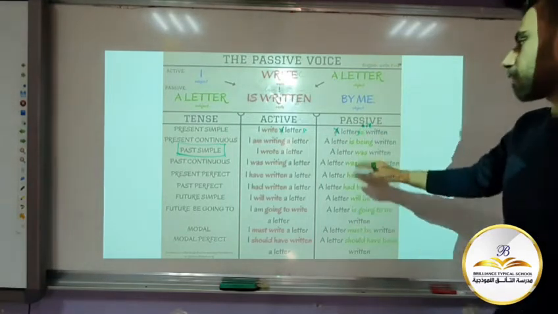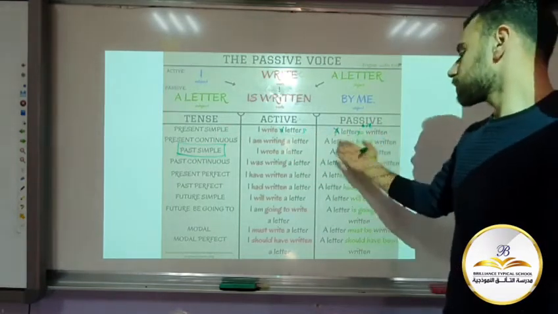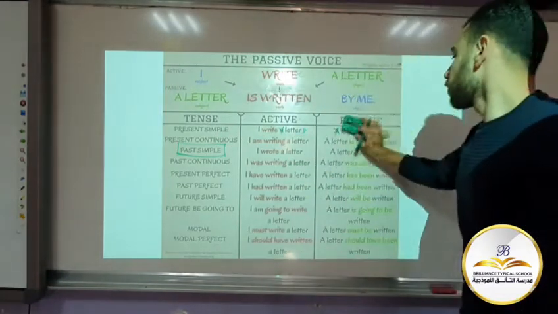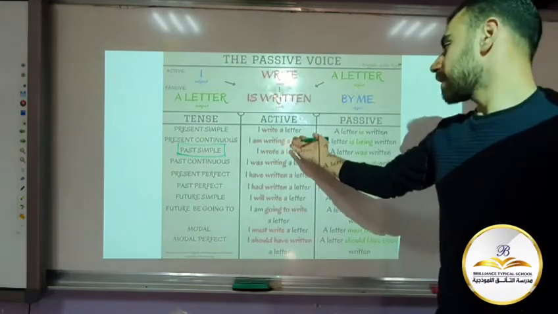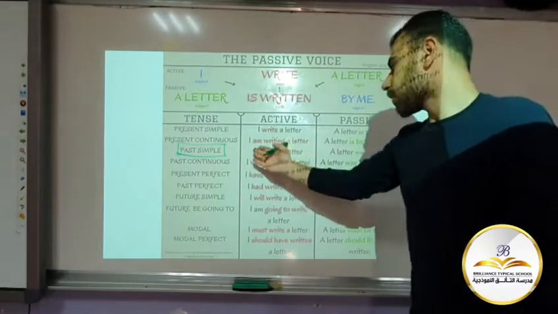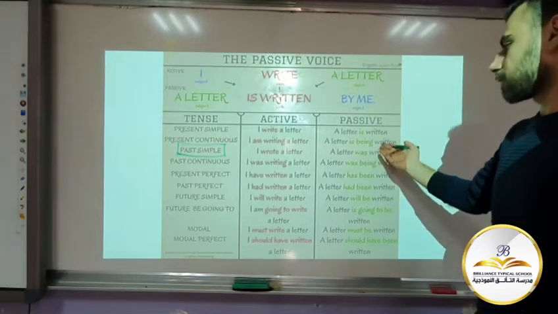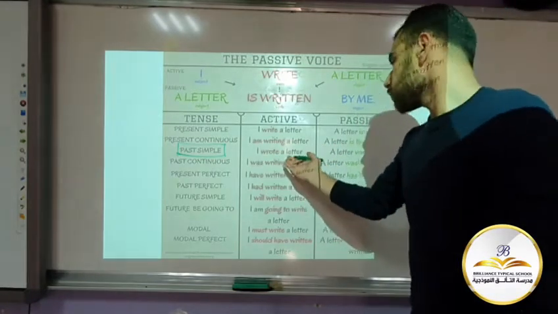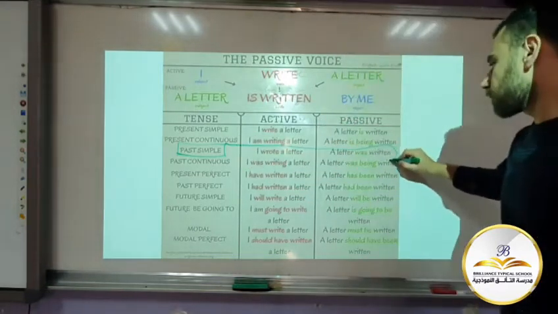Okay, if this happens, I'm going to change the verb to be according to the new subject. Okay, let's take a look here. I write a letter, it's going to become a letter is written. I'm writing a letter, it's going to become a letter is being written. I wrote a letter, which is this type I care about in my book.